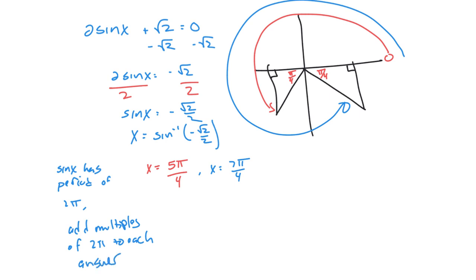So that's going to give us x equals 5 pi over 4 plus 2 pi n, or x equals 7 pi over 4 plus 2 pi n.